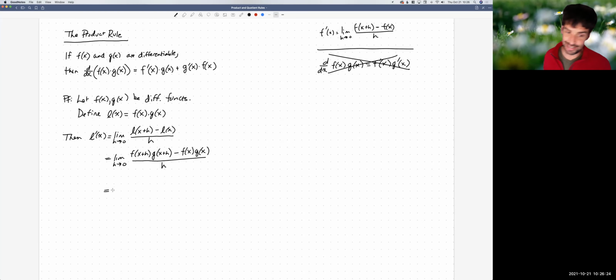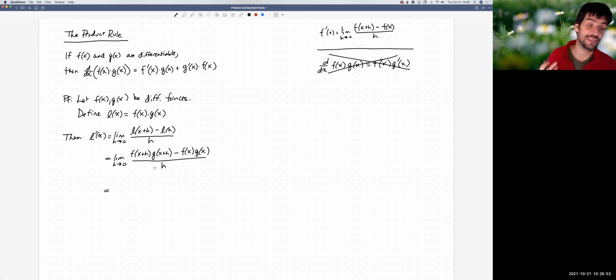All right, so now here's where we're going to do a neat little trick. I really want to see the derivatives of f and g show up in here. What I'm going to do might seem a little mysterious. I didn't invent this. I'm just copying other people's work, right? You should think about how people played around with this. They manipulated it. They tried things. A lot of them didn't work until somebody stumbled onto this.